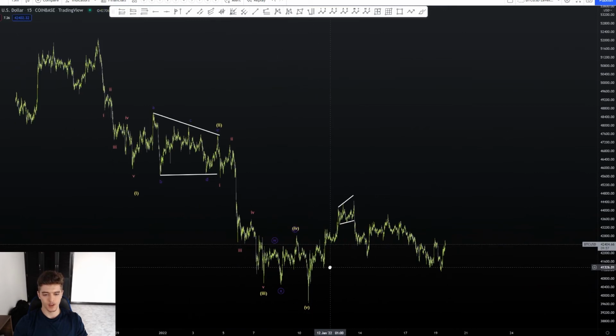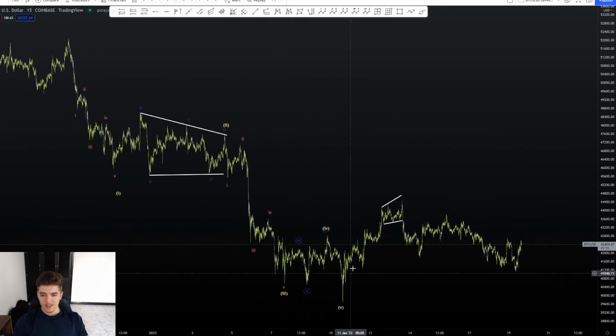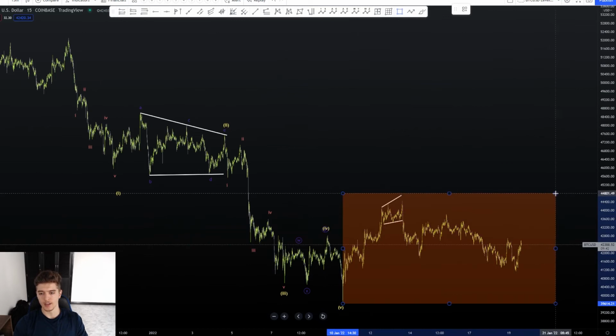And that leads us on to this section right here, which, to be honest, I was actually this morning trying to subdivide everything beyond this bottom right here in this zone right here, and it's just so messy.